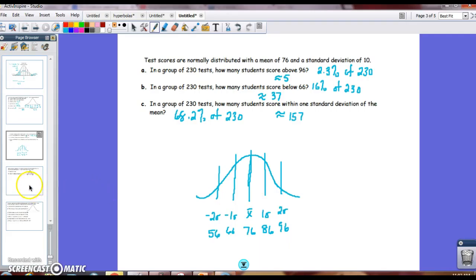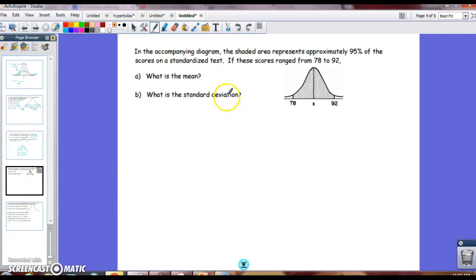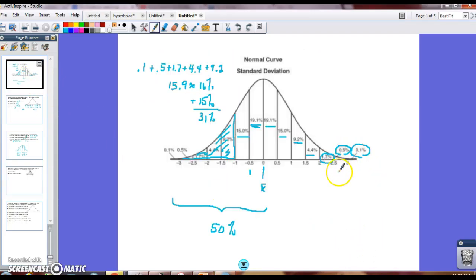Okay, that's how you're going to approach these problems. Sometimes they'll give you something that looks a little bit different. It's still talking about normal distributions, just a different way of representing the problem. They're telling you in this problem that the shaded area represents approximately 95% of the scores on a standardized test. If you look at the percentages that are greater than 2 standard deviations away, that's 2.3%.